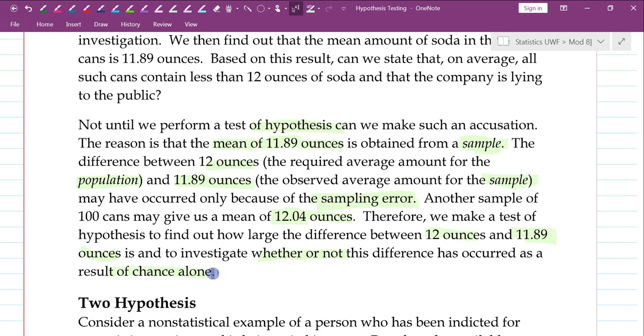Or was it just a random sample that just happened to be very rare, that we ended up with a mean below the true average, below the true population mu of 12 ounces or something higher? That's what we have to determine. What is the true situation going on here?